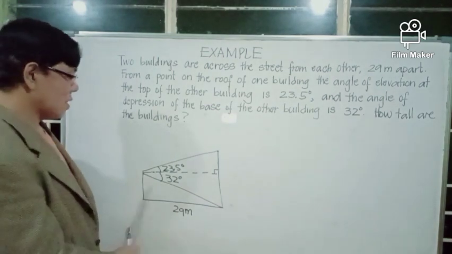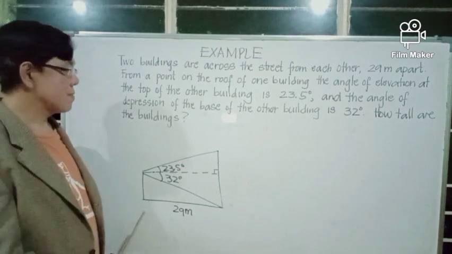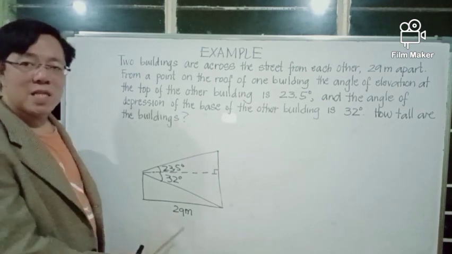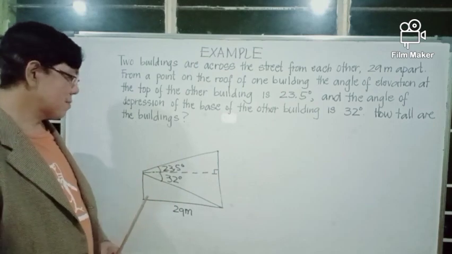The distance between the two buildings that are across from each other is 29 meters. Question: how tall are the buildings?